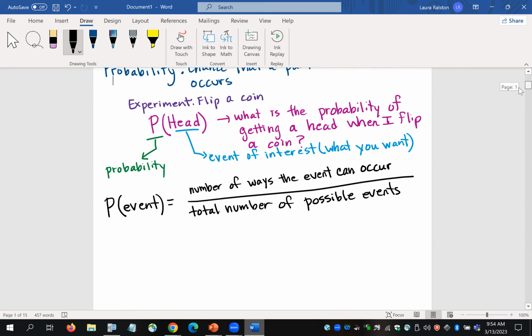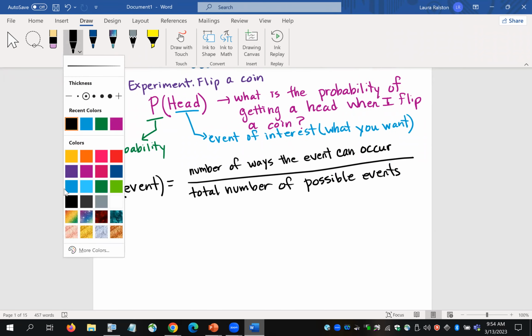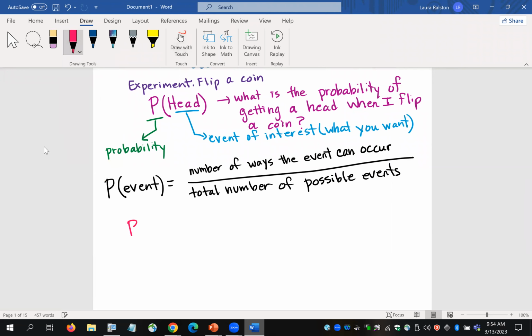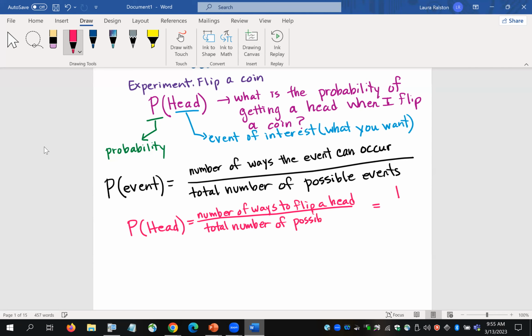Again, if you relate that back to the idea of flipping the coin, and we are interested in the probability of a head specifically, then I want to know the number of ways to flip a head, which hopefully we all know is there's one way to get a head on a coin, over the total number of possible options.